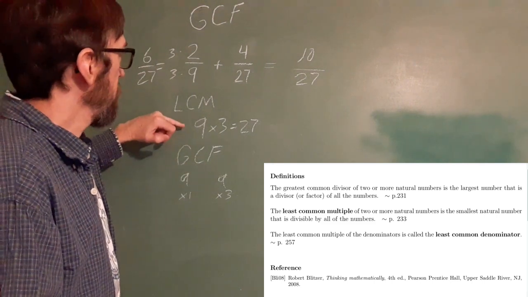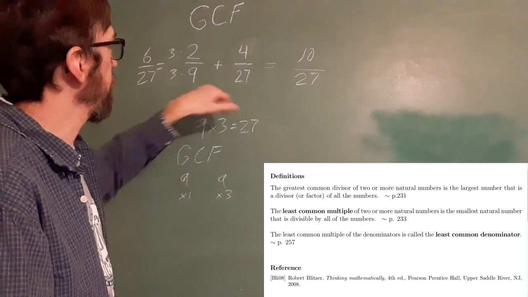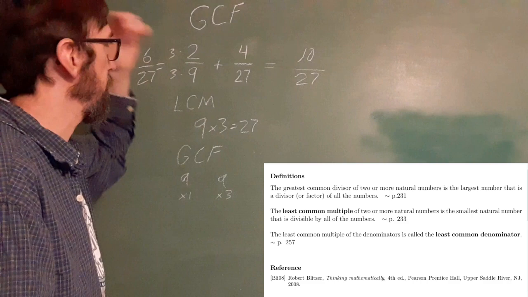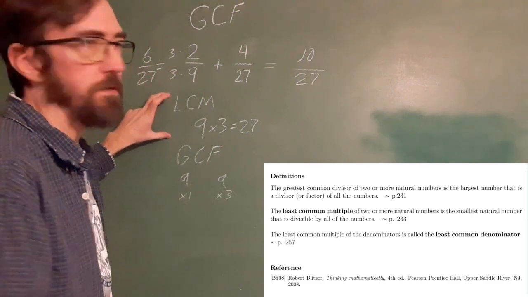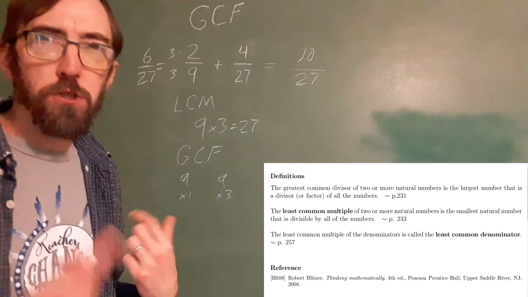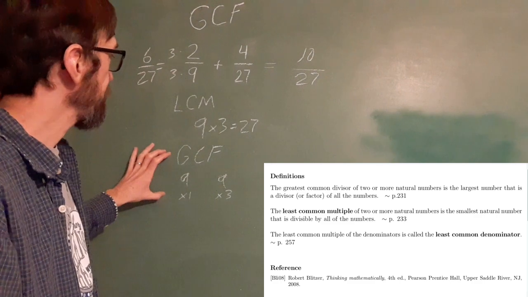So if you're struggling to find a number that is in common with the idea of looking at the least common multiple, another approach you could think about is, what is the greatest common factor?